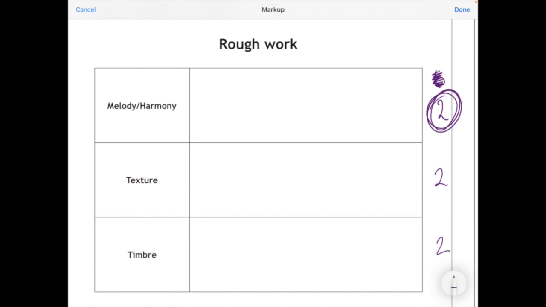For example, the first box is asking you about melody and harmony. So one of the first things I would ask you: are there any ornaments? Are there any scales? Is it a pedal or an inverted pedal? Can you hear any cadences?